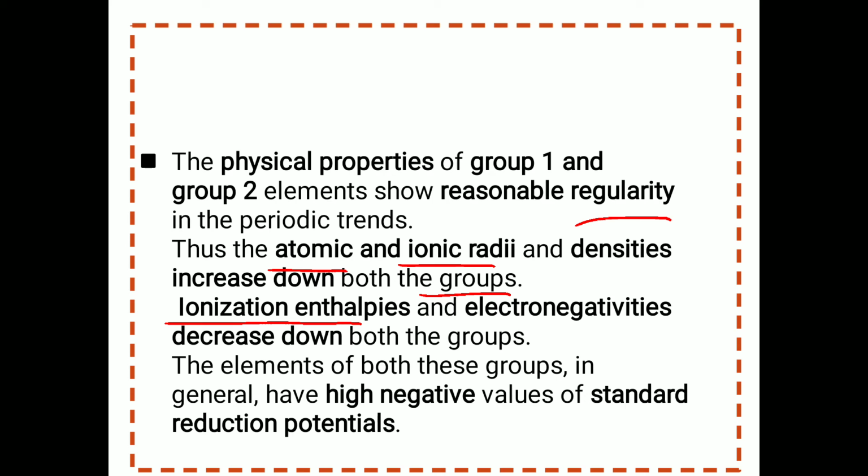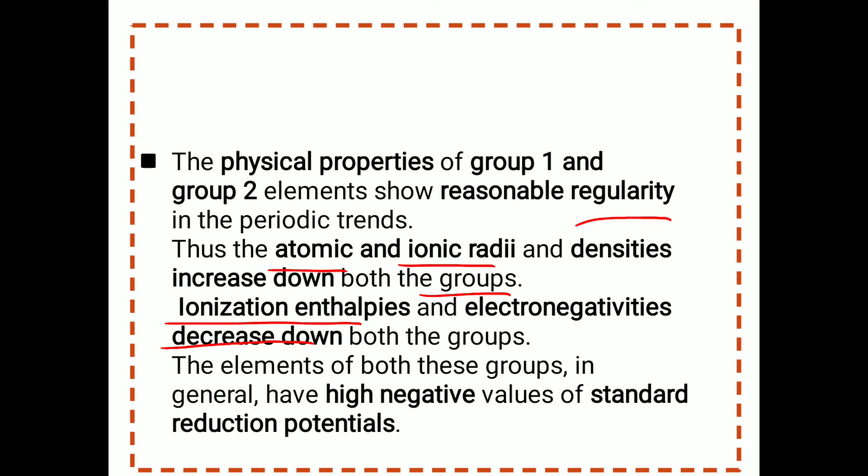That means when an electron is removed from the outermost shell, the amount of energy required is the ionization enthalpy. And electronegativity is the ability of a covalently bonded atom to attract the shared electrons towards itself.